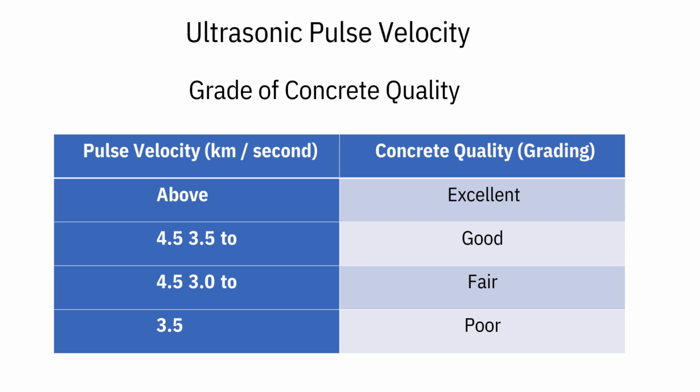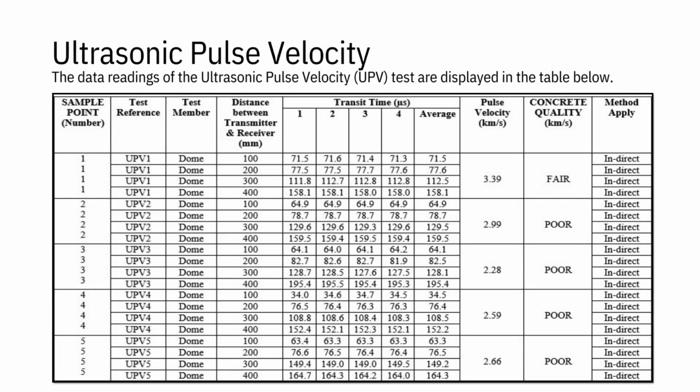This is the guideline for pulse velocity: above 4.5 is excellent for the concrete quality grading; 4.5 to 3.5 is good; 3.5 to 3 is fair; and below 3 is poor.